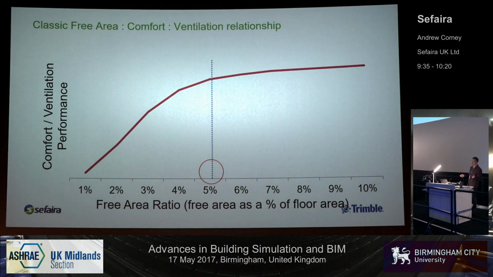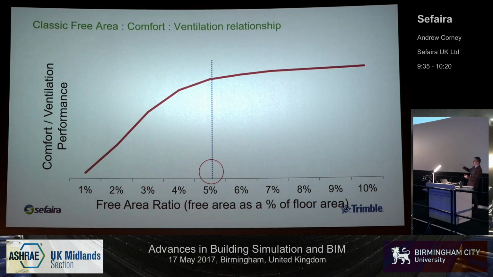Because there's a fairly well-established relationship, and the curve depends on the climate, but there's a fairly well-established relationship between free area and comfort and ventilation, okay? So when you get to a point where you have 5% free area, your comfort performance starts to taper off.